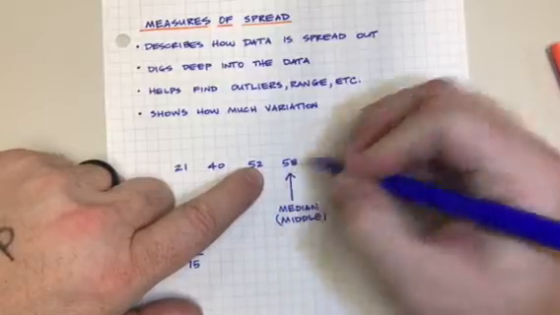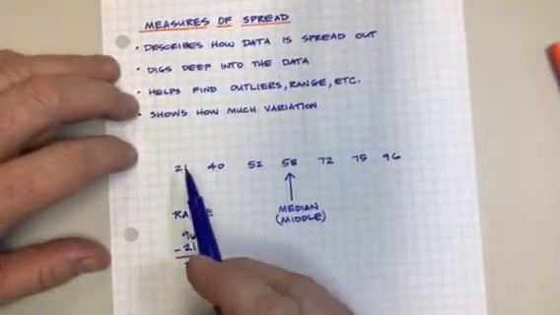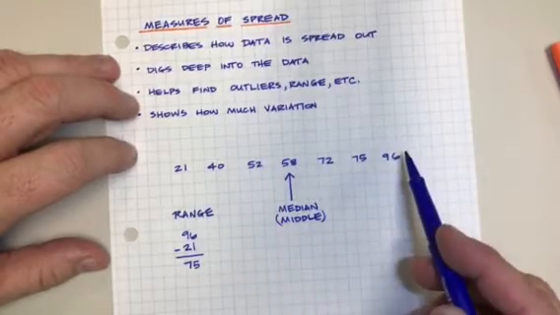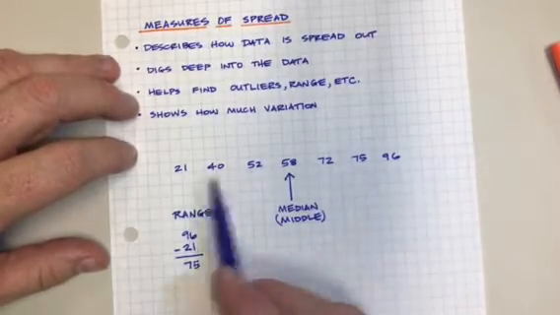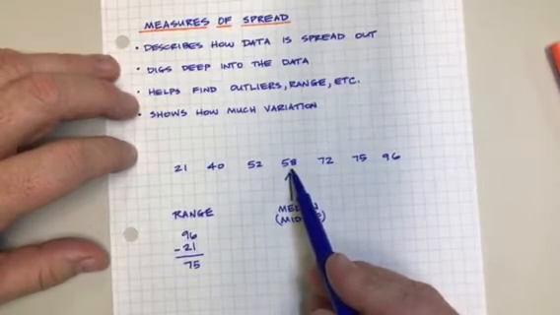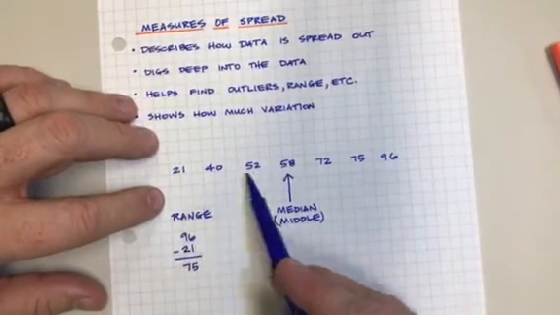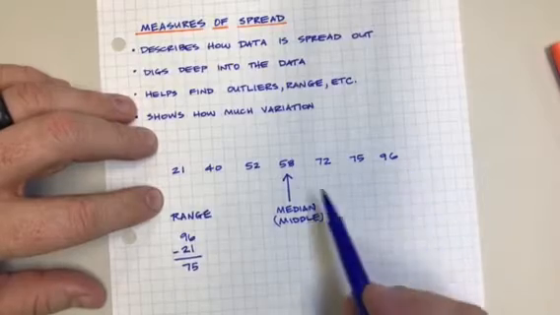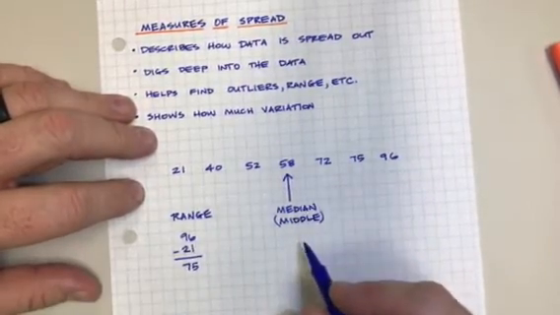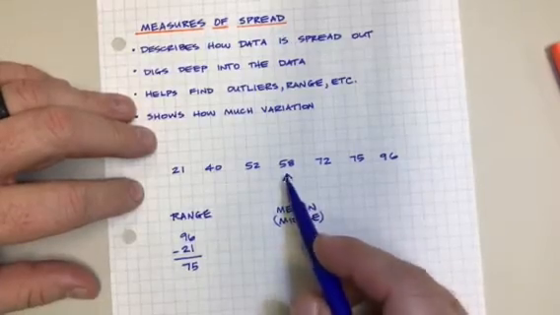Since there's an odd number of pieces of data, 1, 2, 3, 4, 5, 6, 7, if there's an odd number of data in the set, there's always going to be one middle number, and here we've got 3 over here and 3 over here, okay? So the median is what splits this data into two pieces. So our median is 58.